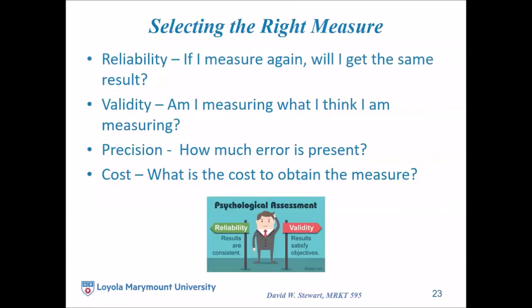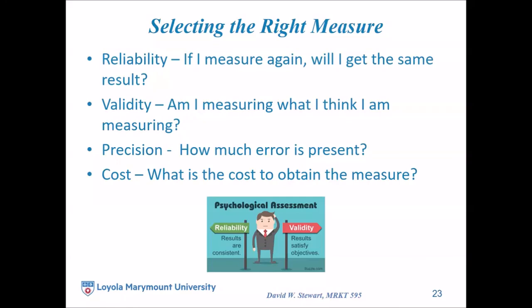In thinking about measures that you might use, there are some characteristics of measures you should consider. One of those characteristics is what we call reliability. If I measured once and then measured again, would I get the same result? That's reliability. A second issue to be concerned about is validity. Am I measuring what I think I'm measuring?